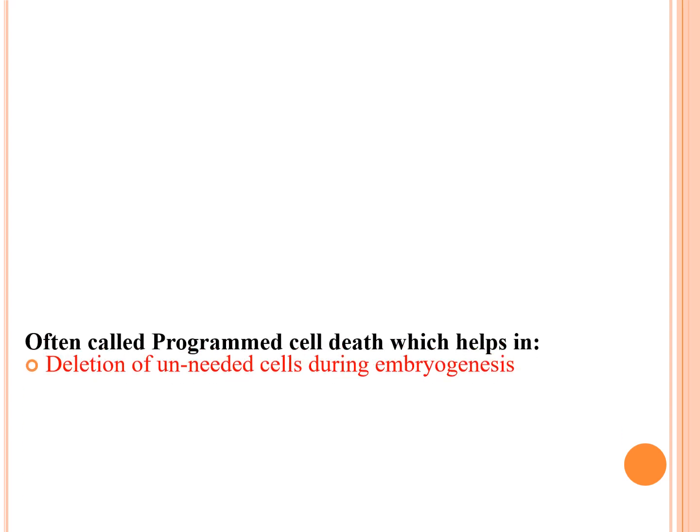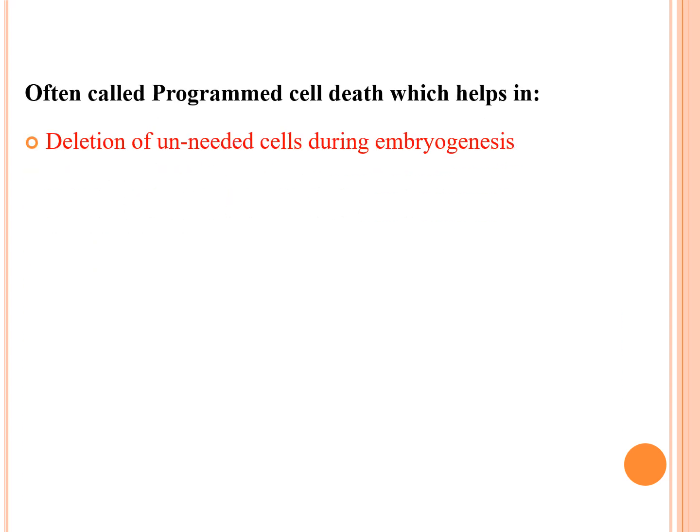So apoptosis is also called programmed cell death, which helps in deletion of unneeded or extra number of cells which are produced during embryogenesis. And it is involved in the normal involution process, that is shrinkage of cells or organs during the elderly age, and regression of hyperplasia or tumor.